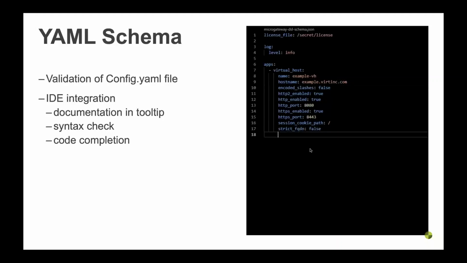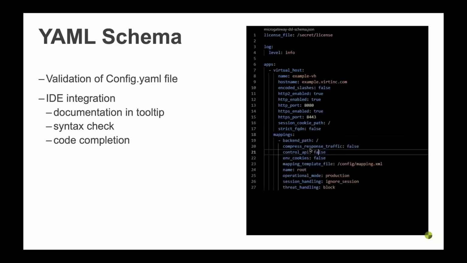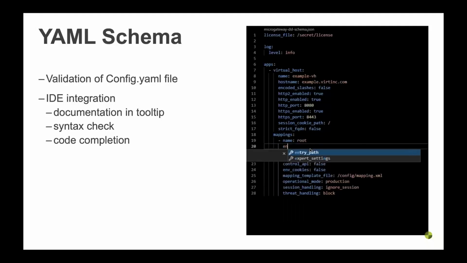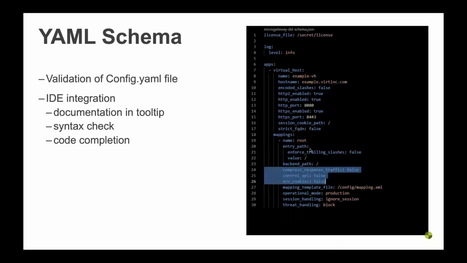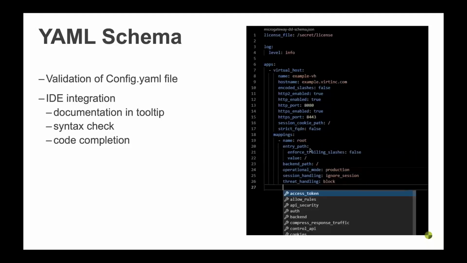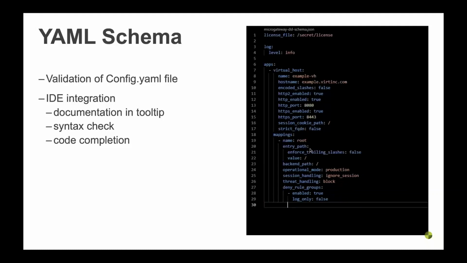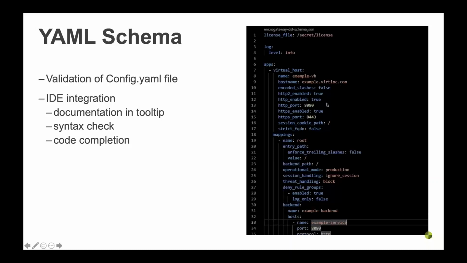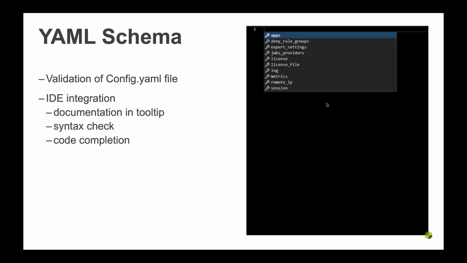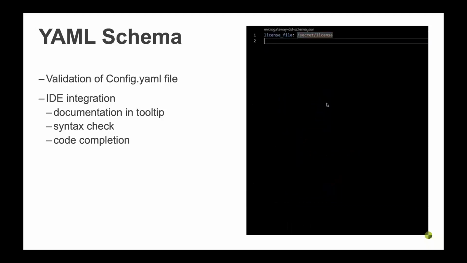So on the right, you see this animation. You can integrate the schema into developer environments. For instance, Visual Studio Code supports YAML schemas, but other IDEs will support that too. And that actually helps you in code completion. If you're on a certain level in the configuration file, you can press Control Space and it will offer you all the valid keys that you can use at this position.